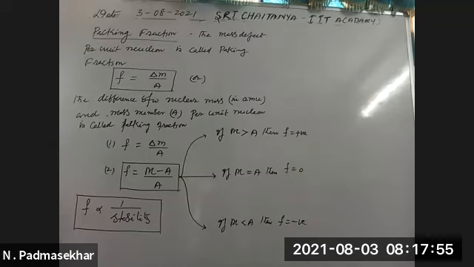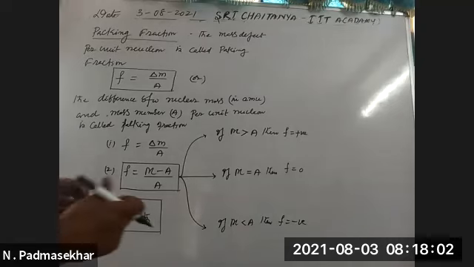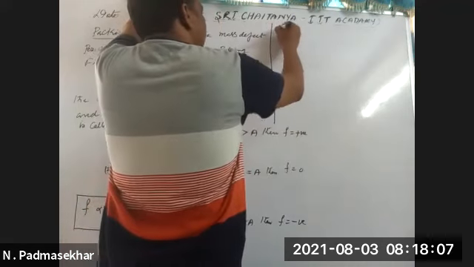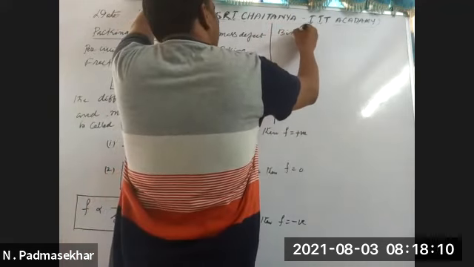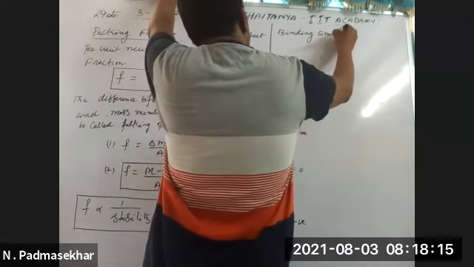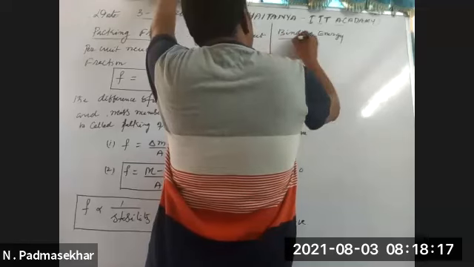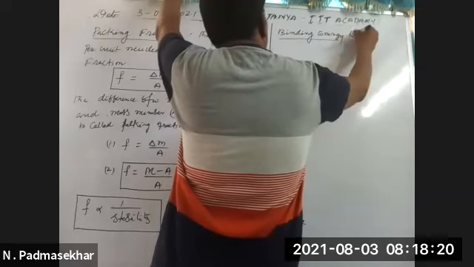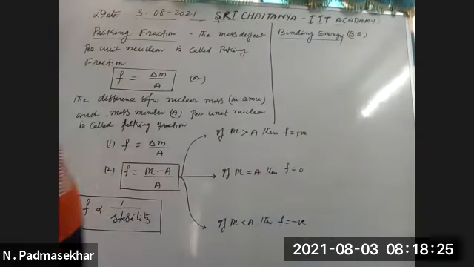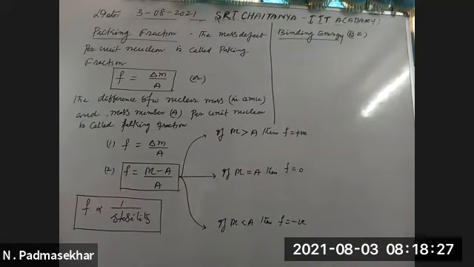So now there is binding energy. What is meant by binding energy? BE, binding energy. The energy equivalent to mass defect.